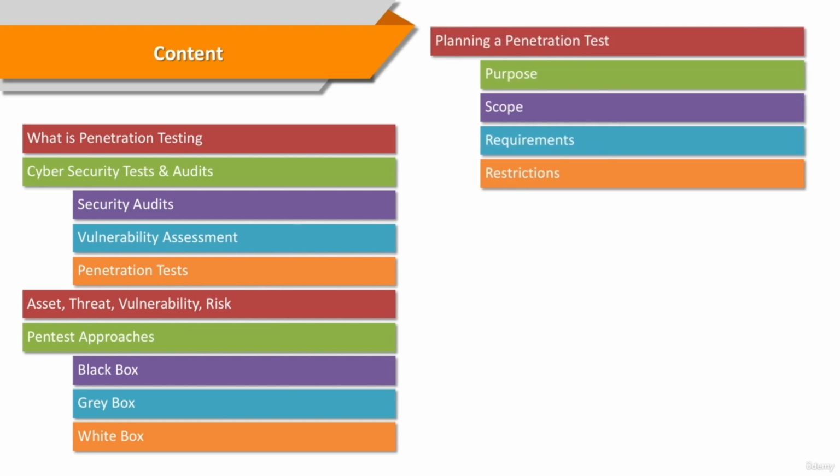And what about the steps of planning a pen test? What is the purpose of the test? What is the scope of the test? What are the requirements to test the scope and the restrictions of the test?